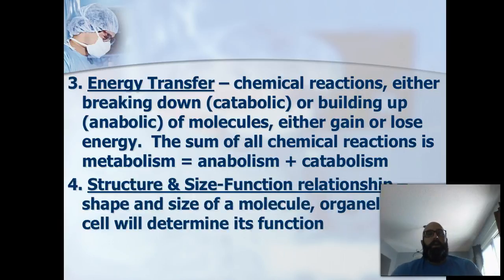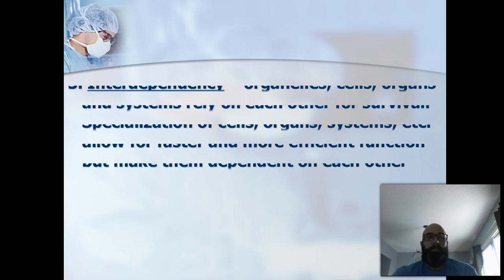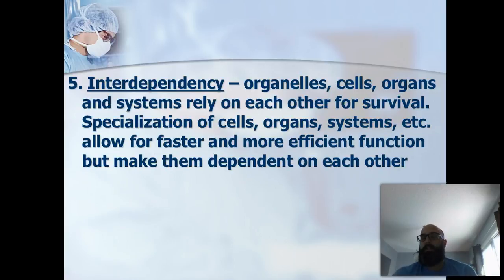Okay. We also have a structure and function relationship. The shape and size of a molecule, organelle, or cell will determine its function. You also have the concept of interdependency. This one is going to be huge. This term right here is something you're going to want to remember for the duration of this class.